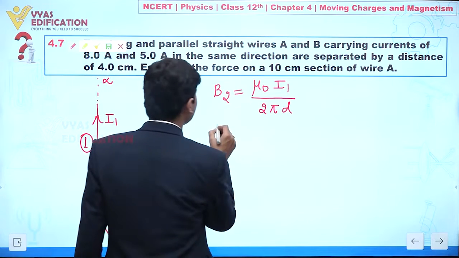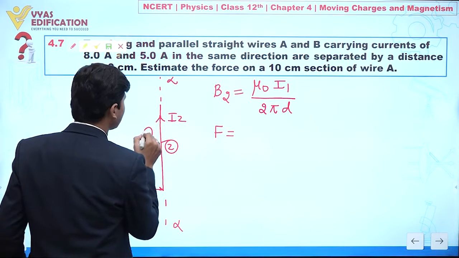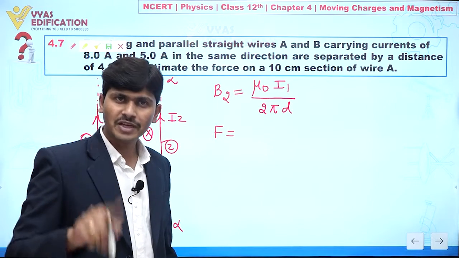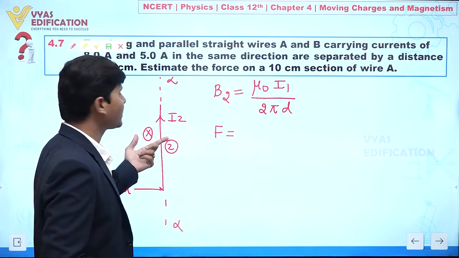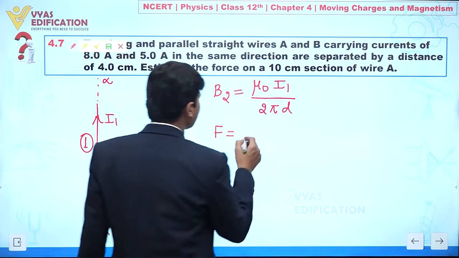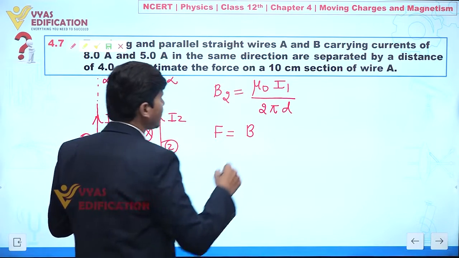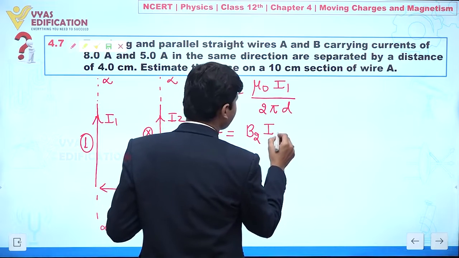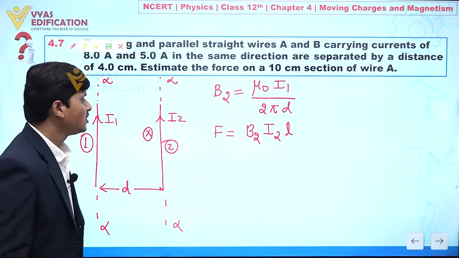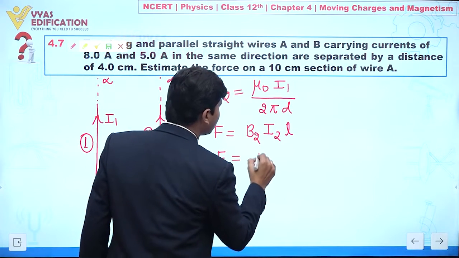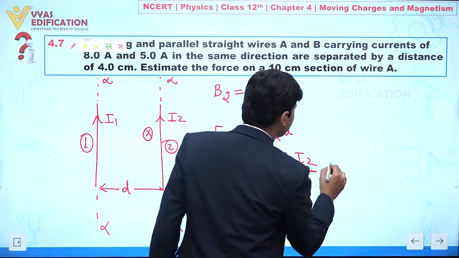The direction of the magnetic field is perpendicular inward, and the direction of current is along the wire, so the angle between them is 90 degrees. So F equals B I L sin theta, that is B2 times I2, the current flowing, times L. So the value of B2 is mu naught I1, and F equals mu naught I1 I2 divided by 2 pi d, multiplied by L.